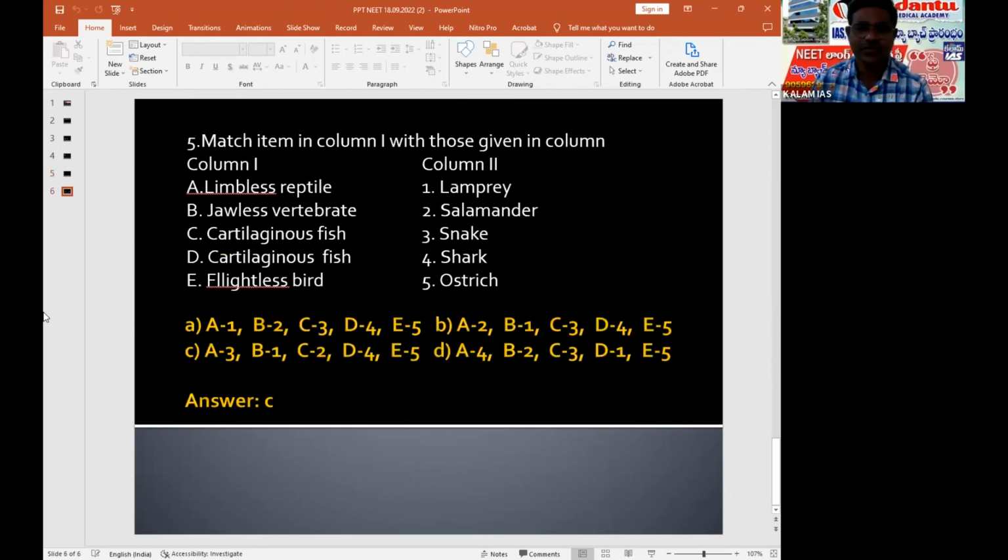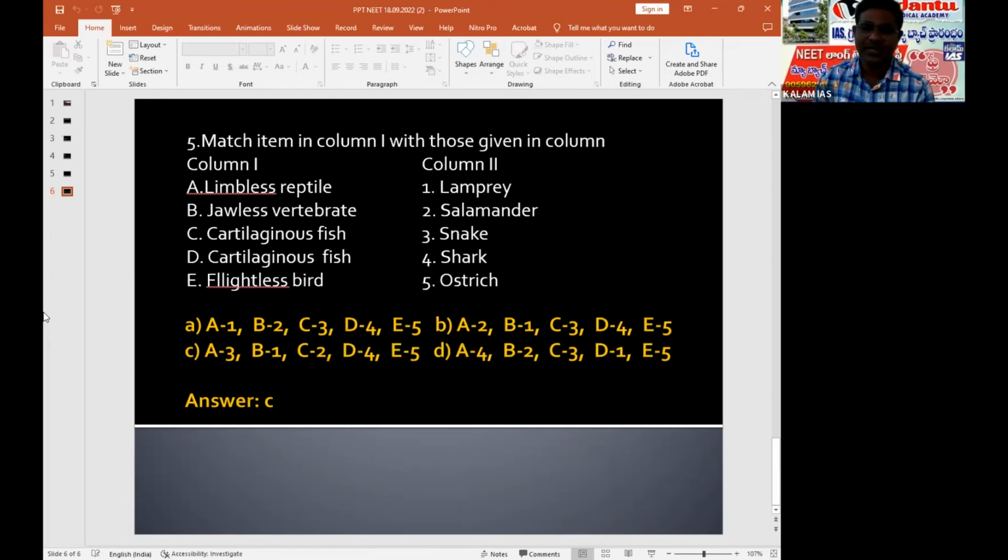Last question, the fifth question: match the following. Here we have column 1 and column 2. Column 1 has the characters and column 2 has some examples. Match the correct answers. Column 1: limbless reptile, jawless vertebrate, cartilaginous fishes, and flightless bird.